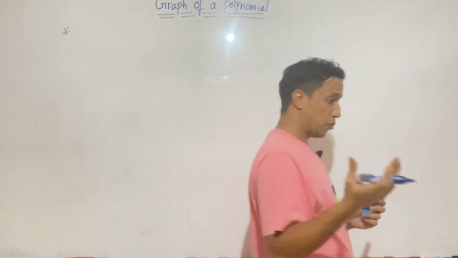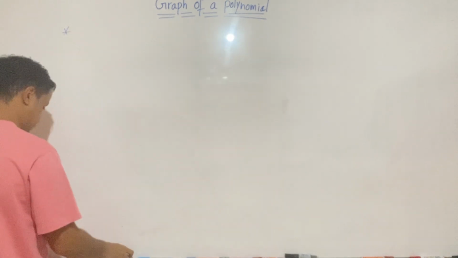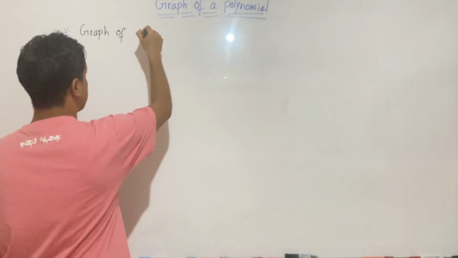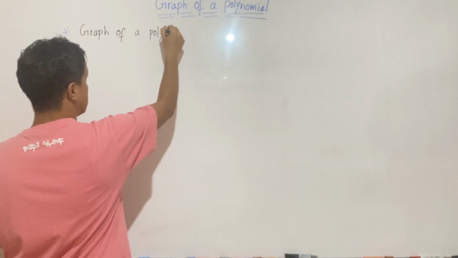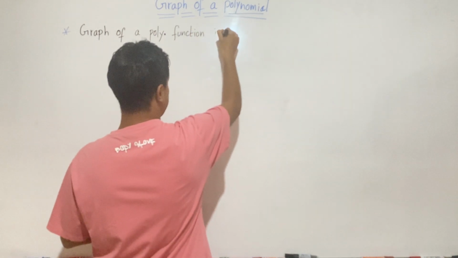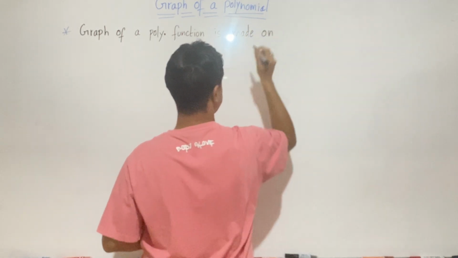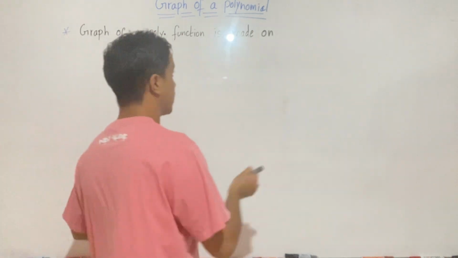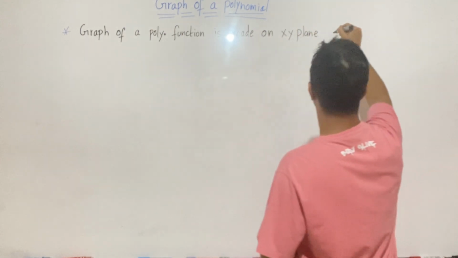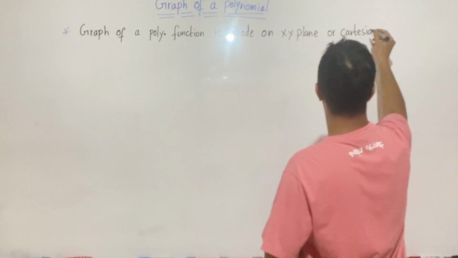The graph of a polynomial function is made on the xy plane or Cartesian plane.